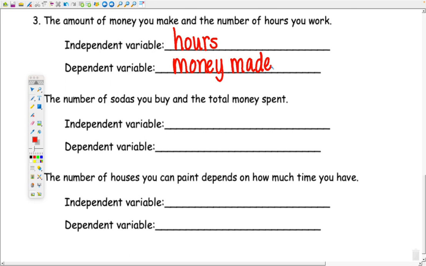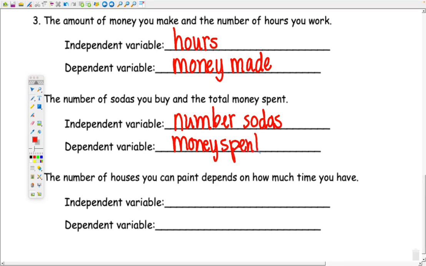Number of sodas, total money spent. Number of houses. Time you have.